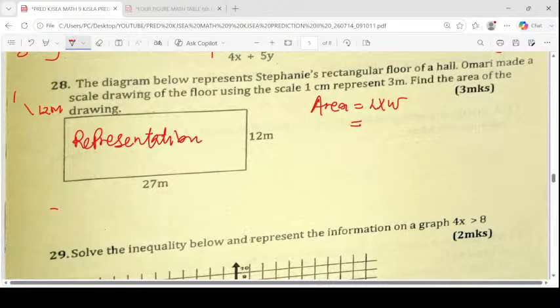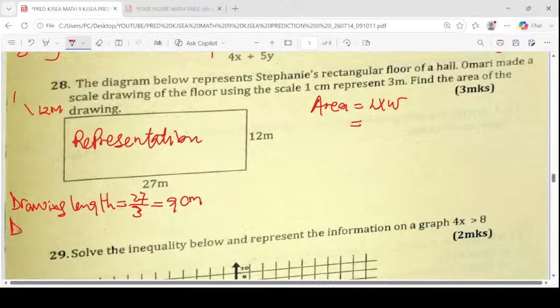When you look at it very well, if the length is 27, what is the drawing length? We need to know the drawing length. The drawing length will be 27 over 3. If 1 centimeter represents 3 meters, this should be 9 centimeters.